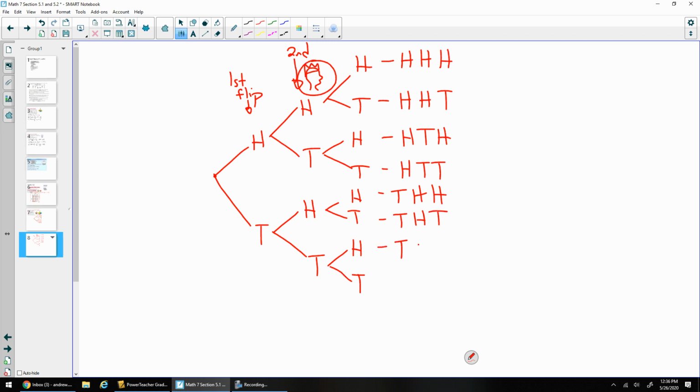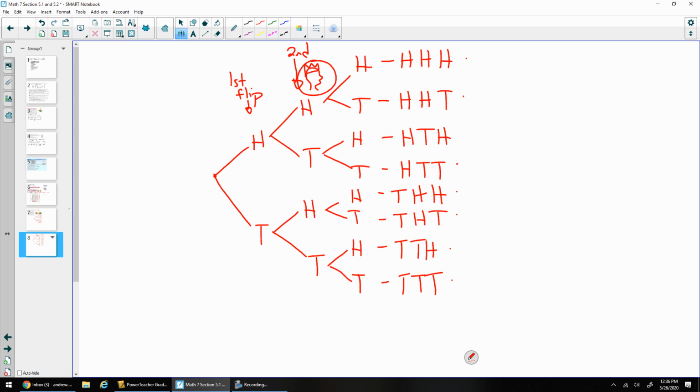Or tails, tails, heads. Or tails, tails, tails. Okay, so that's all my possible outcomes. And I can see that there are 1, 2, 3, 4, 5, 6, 7, 8 total possible outcomes. Only one of them is getting 3 heads in a row.